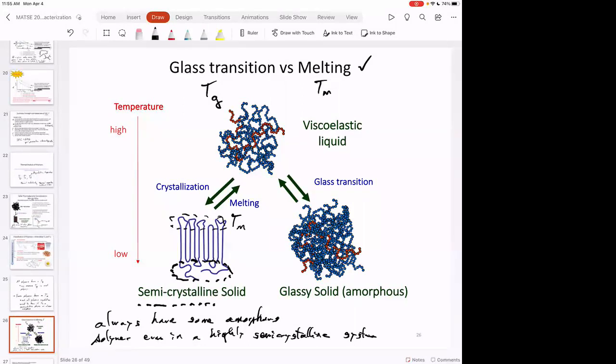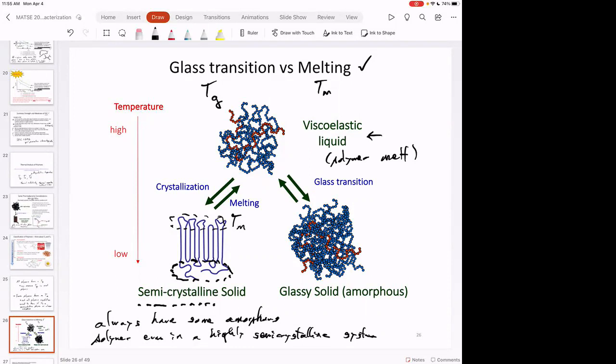Okay. When we're at high temperature, above both TG and TM, polymers are viscoelastic liquids, or they're melts. We call this a polymer melt. And let's take the easy case where we have a completely amorphous polymer that will never crystallize.